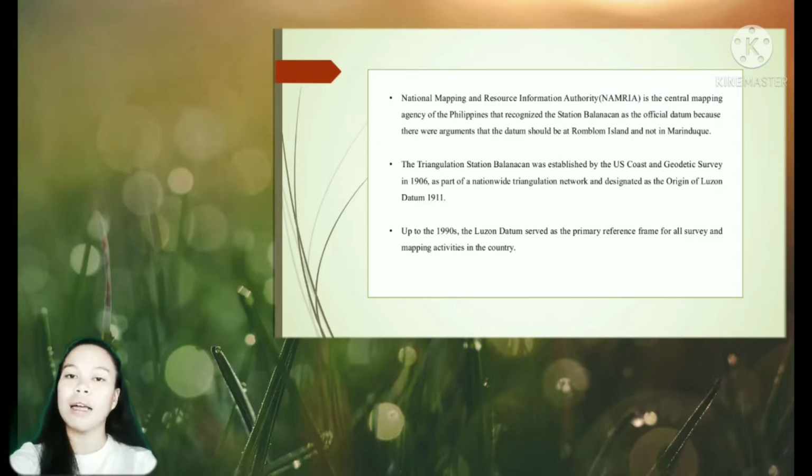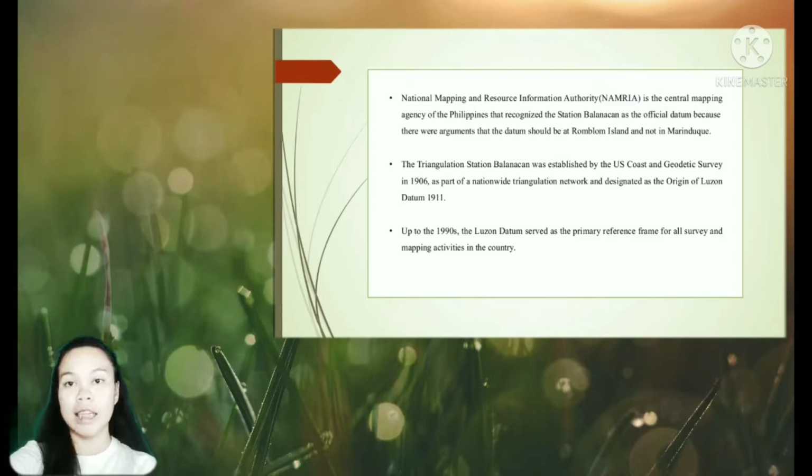The Station Balanacan is located in Marinduque and it is approved by the NAMRIA to be the official datum. According to NAMRIA, the triangulation station Balanacan was established by the U.S. Coast and Geodetic Survey in 1906 as part of a nationwide triangulation network and designated as the origin of Luzon Datum 1911.